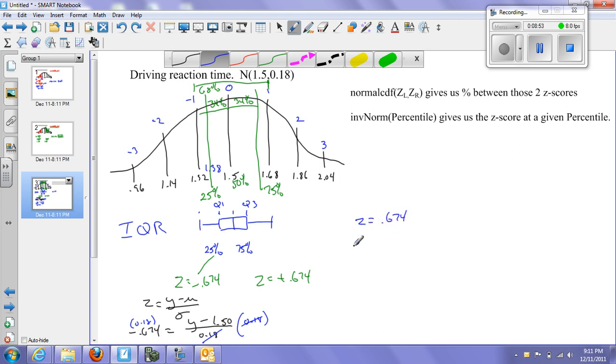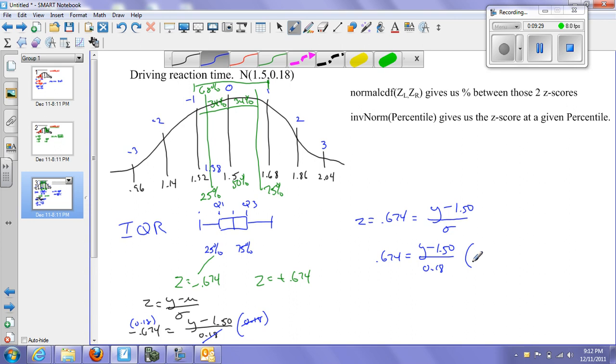We don't know the y value, but whatever it is, if I subtract the mean and divide by the standard deviation, I'll get the z-score. So 0.674 is equal to y minus 1.50 divided by 0.18. Let's do the same math as on the other side.